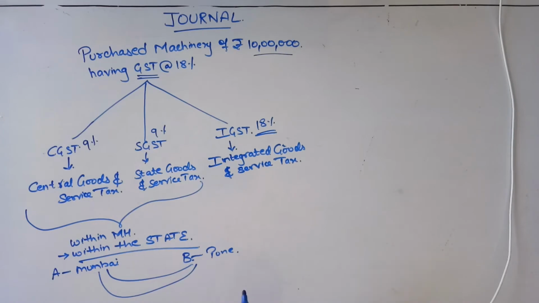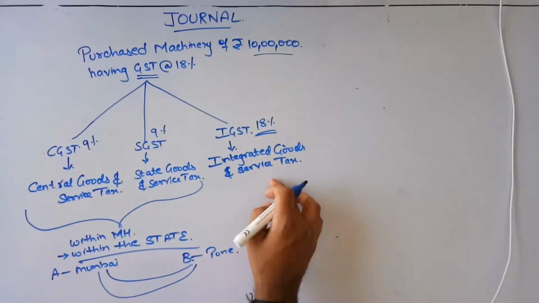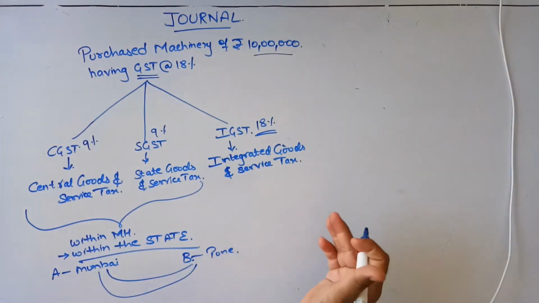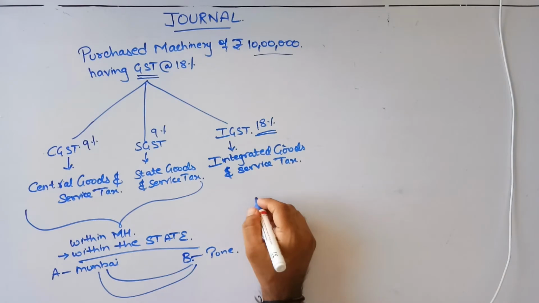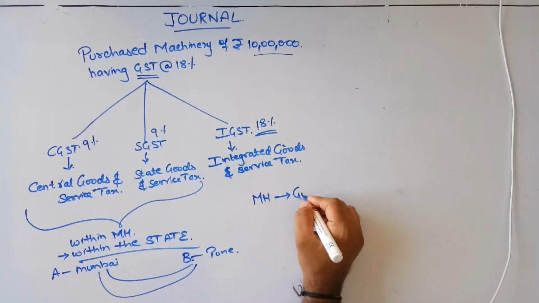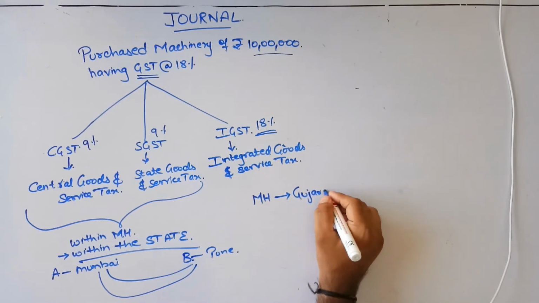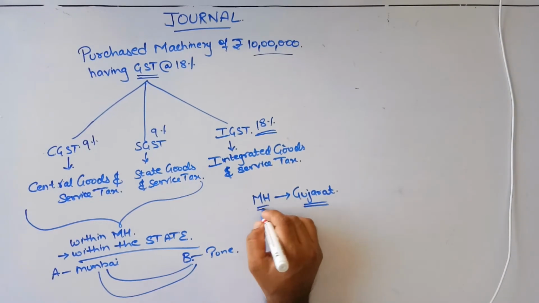Okay, guys, but in the other scenario, if the goods are being sold from one state to another state, let's say the buyer is in Maharashtra and the seller is in Gujarat. He has sold from Gujarat to Maharashtra.